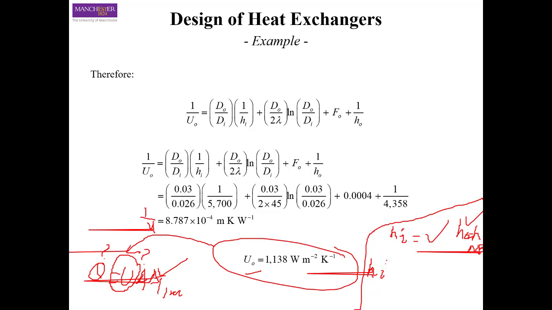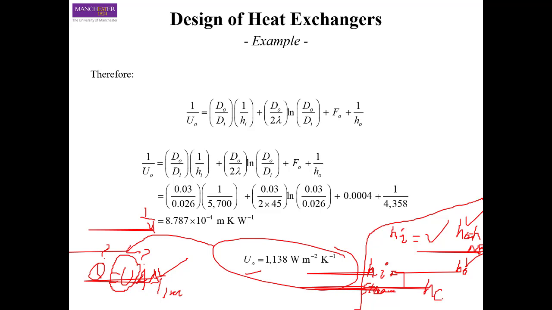So let's say the condensation is happening inside the tubes, like what was the case in this example, where steam is condensing inside the tube, and you don't know the value of HI, but you know the value of H naught. Okay, so in this case we have to use the equations that we learned for condensation, and we have to use the Nusselt equation.